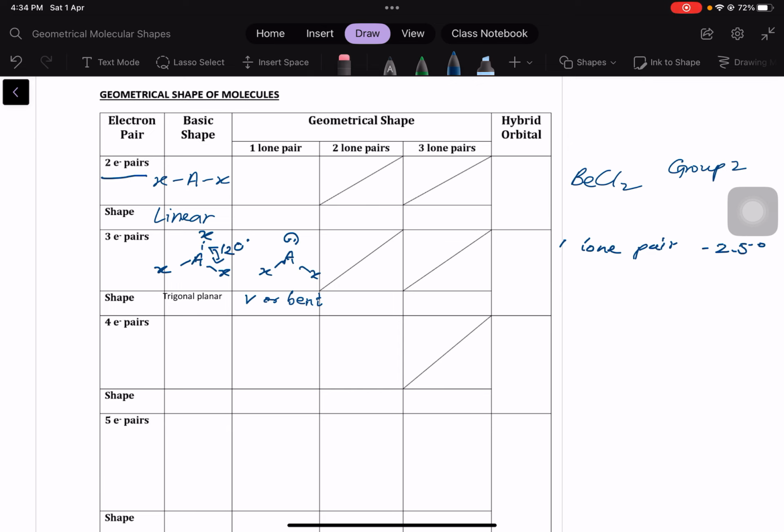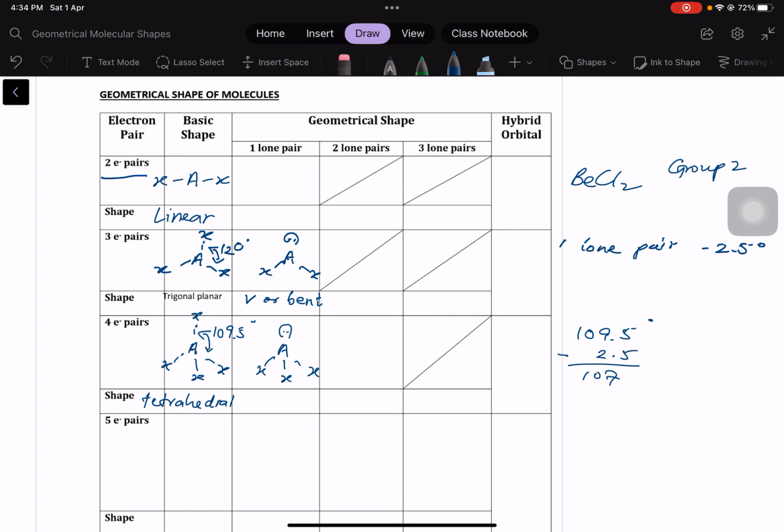followed by 4 electron pairs. So we have 1, 2, 3, 4, which shows tetrahedral. So tetrahedral has a bond angle of 109.5 degrees, and then followed by replacing one bond with one lone pair. Meaning when we have one lone pair, the 109.5 degrees will be minus 2.5, and that gives you 107 degrees.